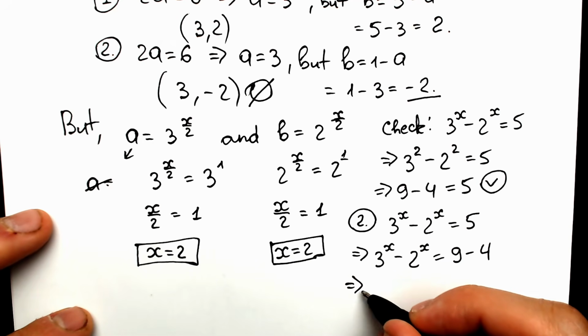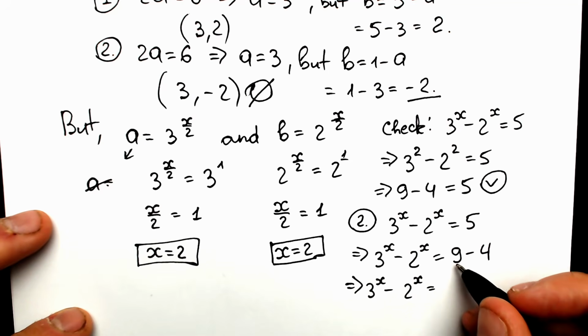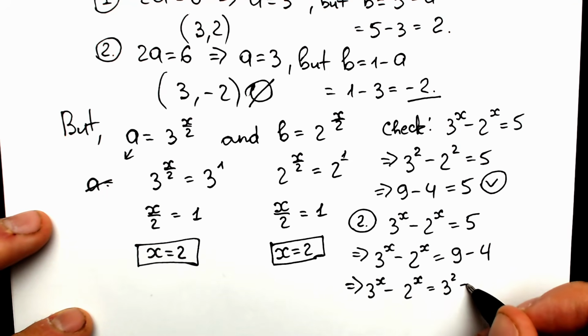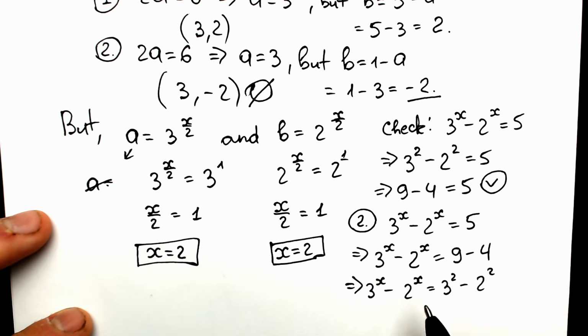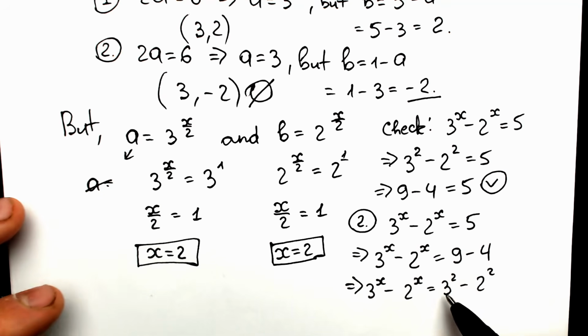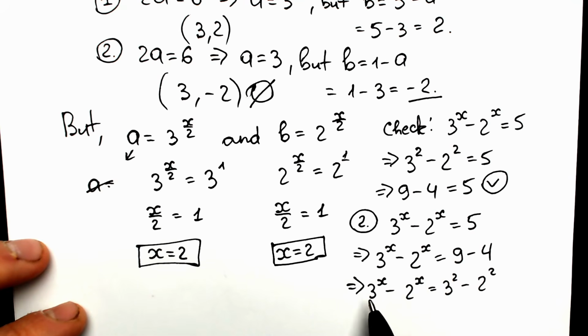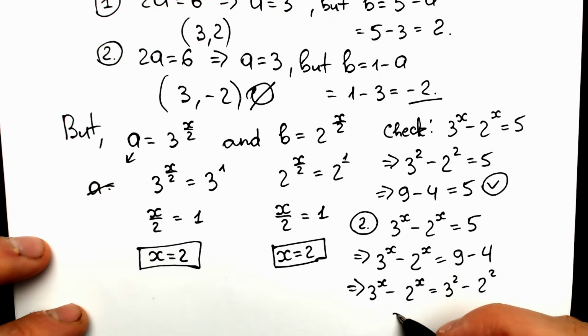Then 9 equal to 3 squared, and 4 equal to 2 squared, because we have 3 and 2, so we can write this 5 in terms of powers of 3. We have a 3 right here, 3 right here, so that's why we have a symmetrical expression. So from here x is equal to 2.